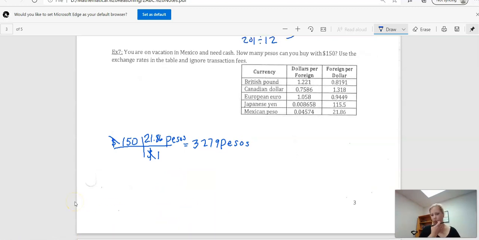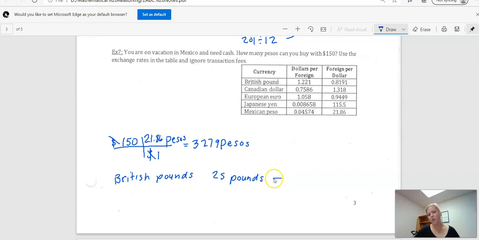These are kind of hard for people, so let's do another example. Let's do British pounds. And let's say we have 25 British pounds, 25 pounds.